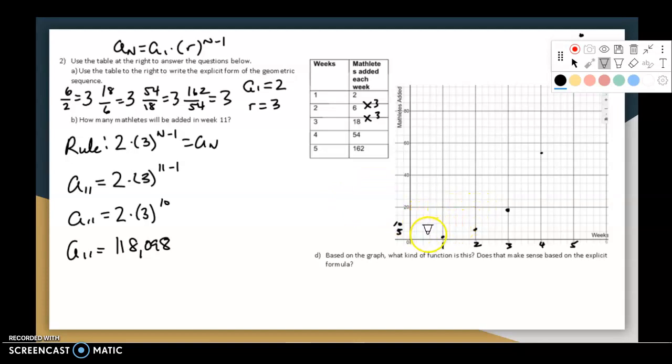But if we were to, you can see that what we have here is not a line anymore. It's certainly not a line. And what it is, and hopefully you remember from when we talked about it way back, is an exponential function.